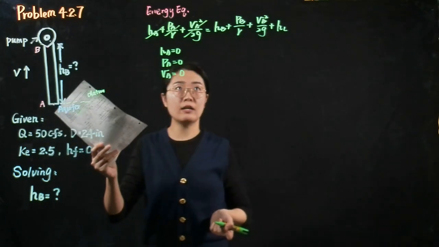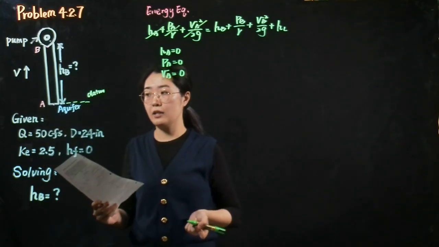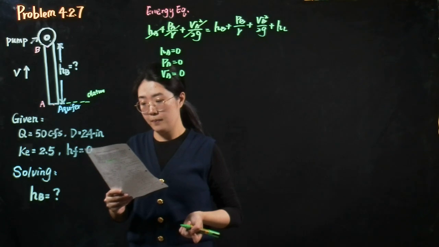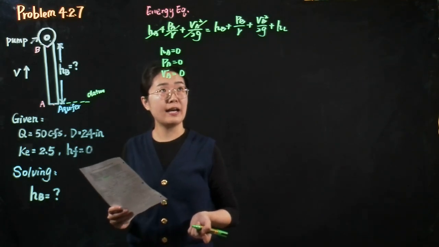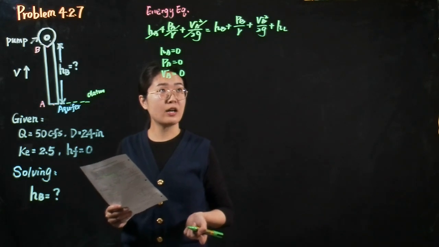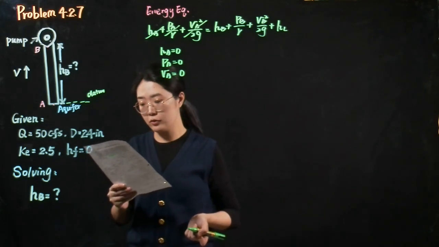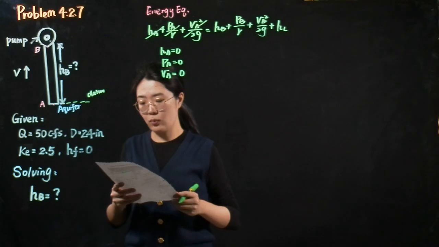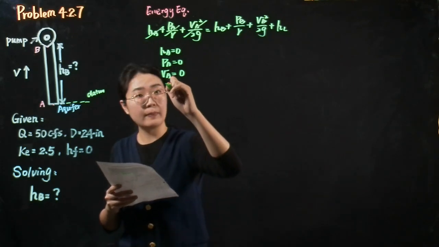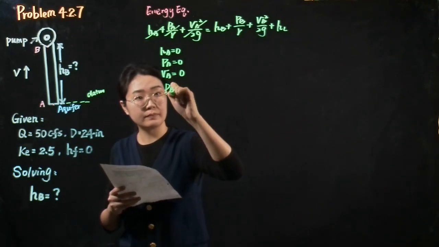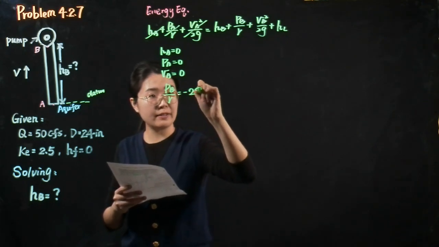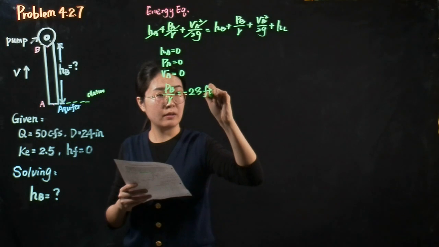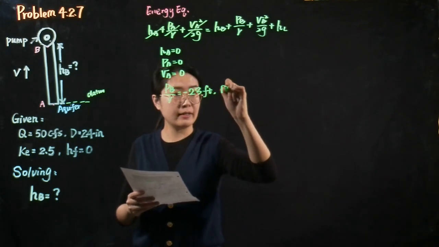The HB is our unknown, and the critical pressure head that may cause cavitation equals negative 23 feet. We can find this value on page 99.